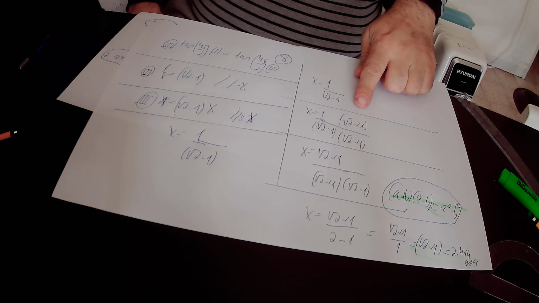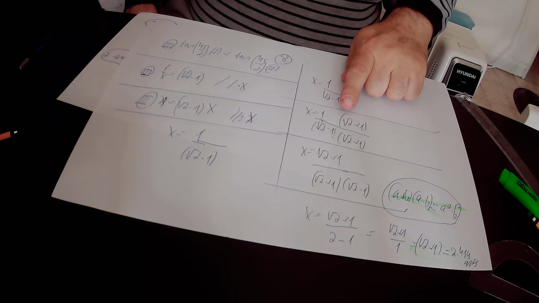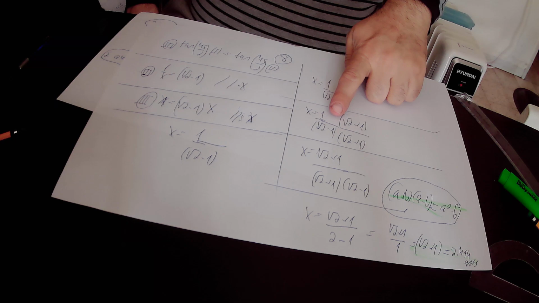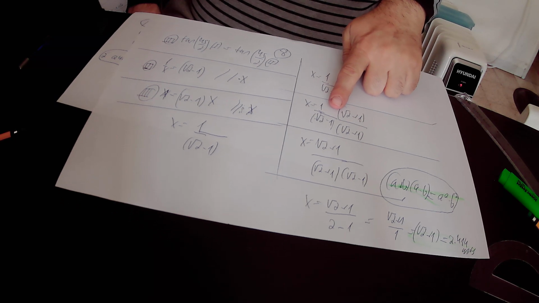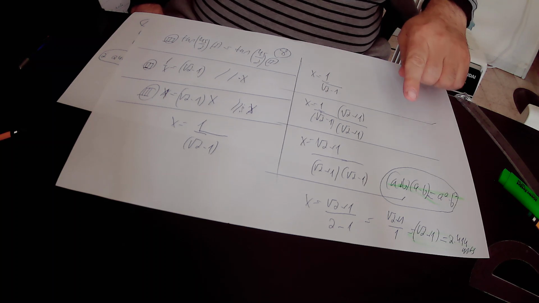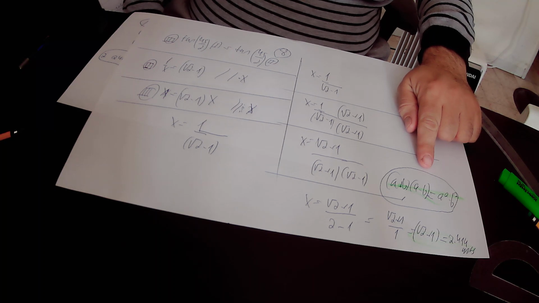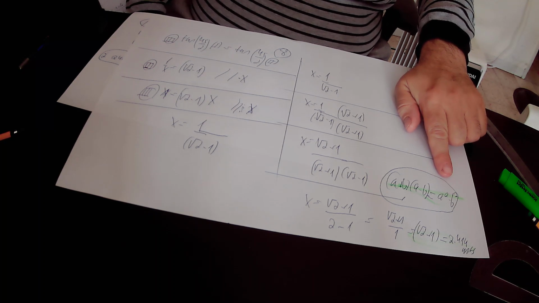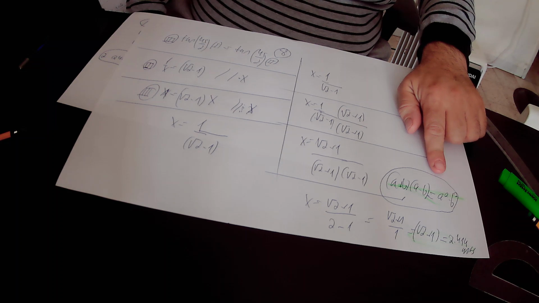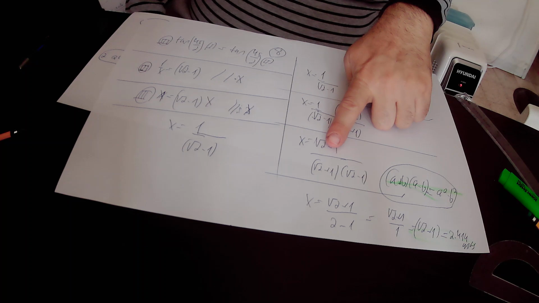In the numerator we have the square root of 2 plus 1. In the denominator we have the square root of 2 plus 1 times the square root of 2 minus 1. According to the algebraic identity that a plus b times a minus b equals a squared minus b squared, the value of this expression will be the square root of 2 squared, that is 2, minus the square root of 1 squared, that is 1.